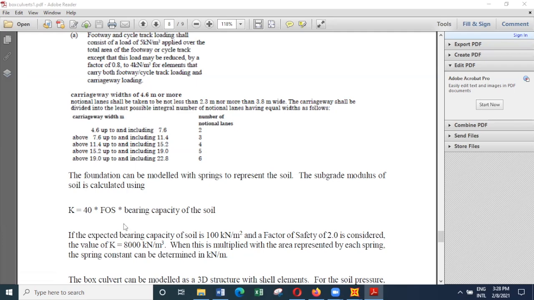So that's why you get this 40 factor coming here. And the factor of safety multiplied by bearing capacity of the soil will give you the K value in kilonewtons per meter cube. And when you know the area of the spring, you can multiply this value by the area of the spring, and then it will give the spring constant.